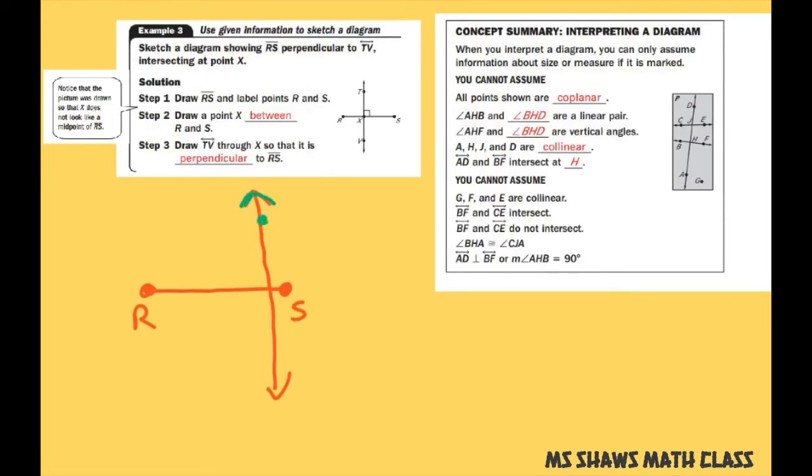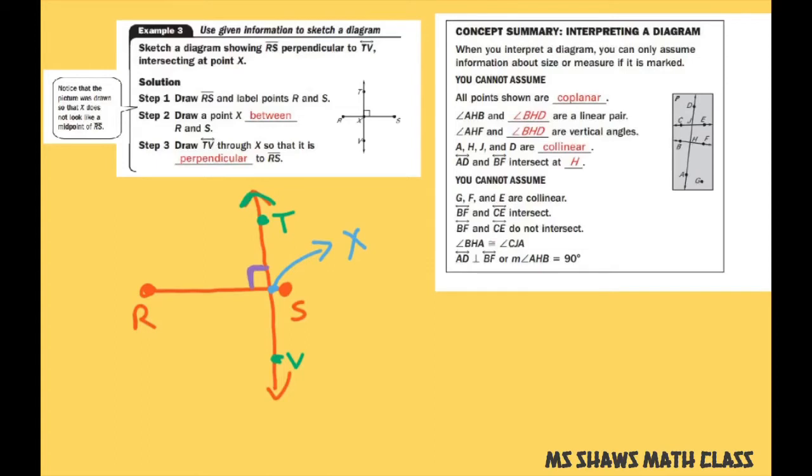I'll put a T here and a V here. And it's perpendicular, so that means I have to write this right angle symbol here to show you that it's perpendicular. All right. And then our X is a point. So that point right here is X. Okay?